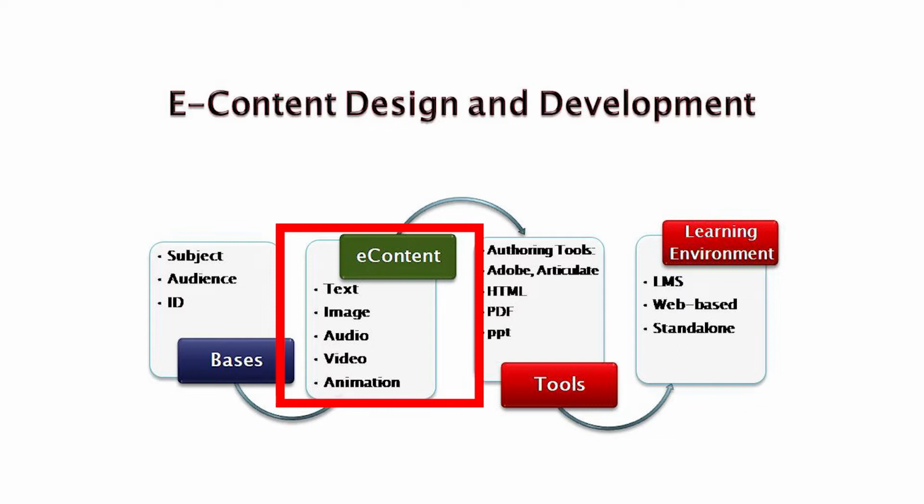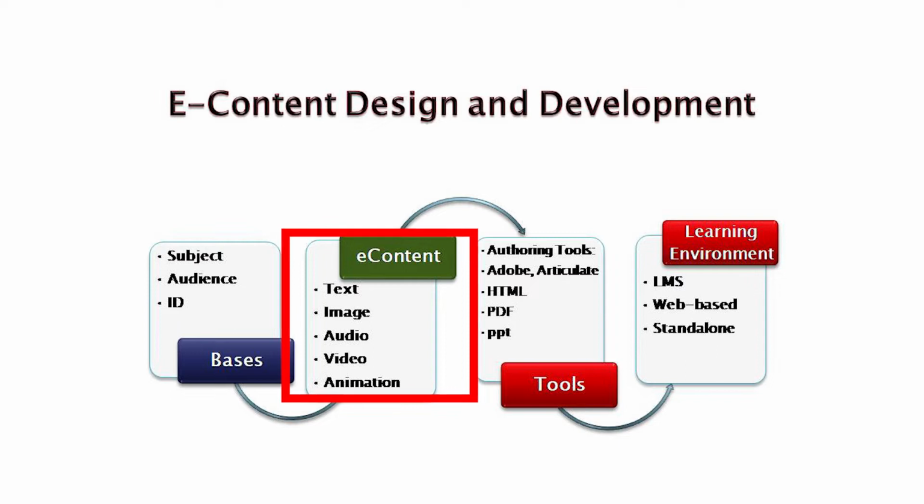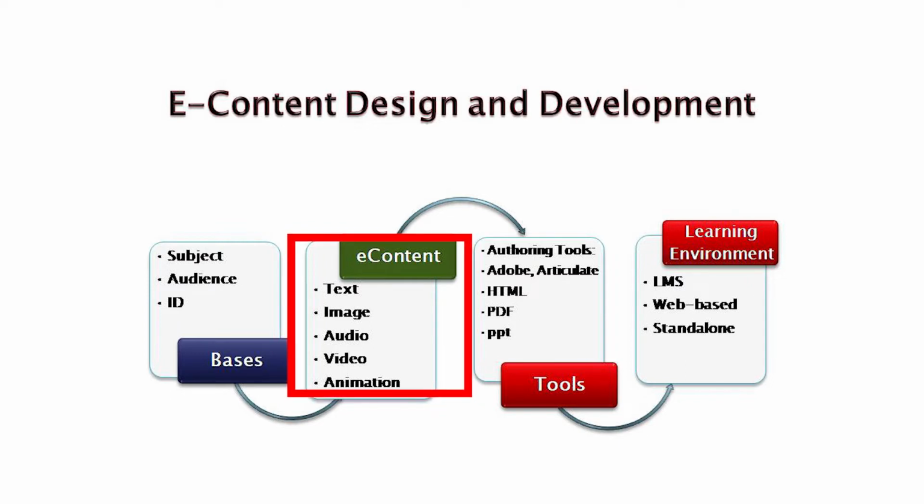These are some of the basic components we have to keep in mind always when we are going for e-content. The e-content may be text-based, image, audio, video, and animation, and we must see which one is suitable for our audience and suitable for the subject. The main thing here is the topic.